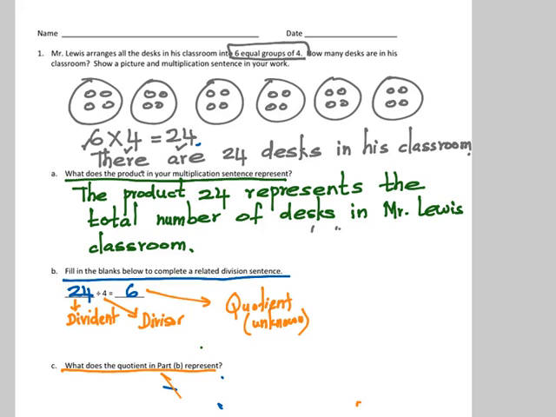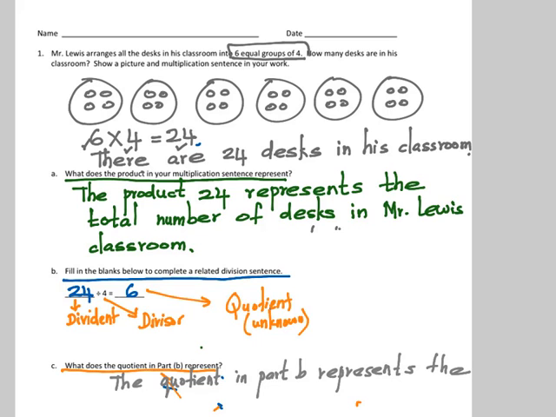Okay, so what does the quotient in part B represent? Part B is this one. So we know that 6 is the quotient in part B. So let us write that down. The quotient in part B represents, we restate, the number of groups, right?